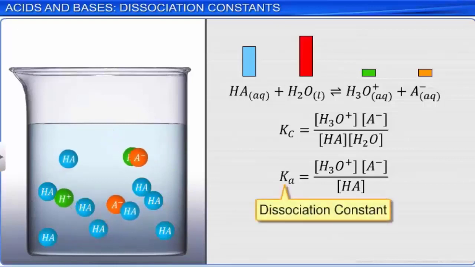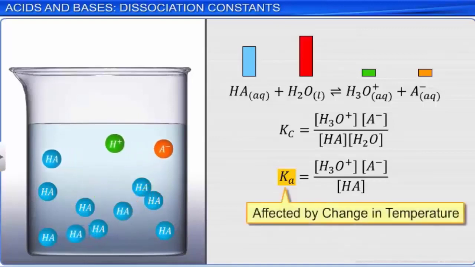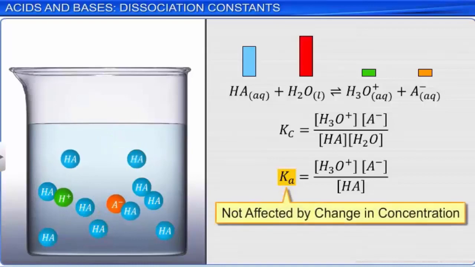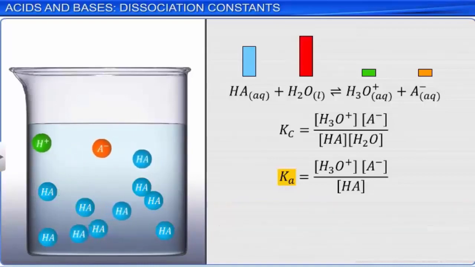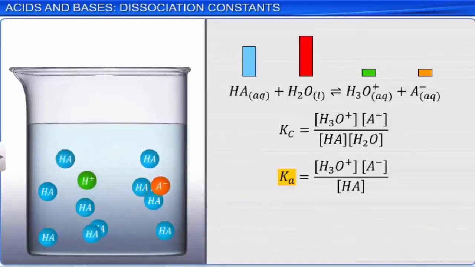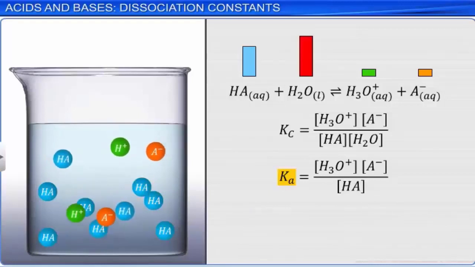As the dissociation constant is the equilibrium constant, it is affected only by a change in temperature and not by a change in concentration. Hence, the value of the dissociation constant provides the exact measure of the extent to which an acid is dissociated, in other words, the strength of the acid.